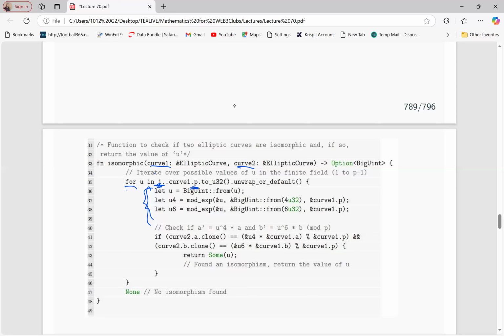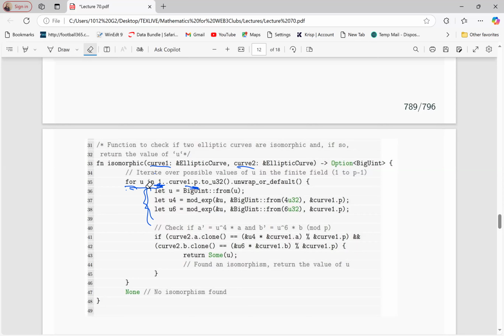When it's up to p, it understands that it will be doing it up to p minus 1. So if you give it p to be 10, it knows it'll be doing it up to 9. So this is for curve 1.